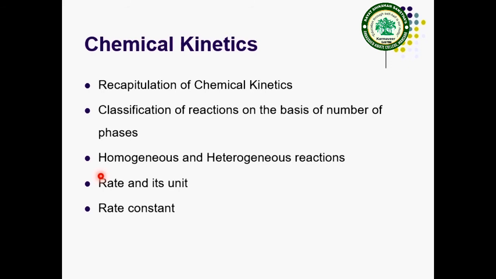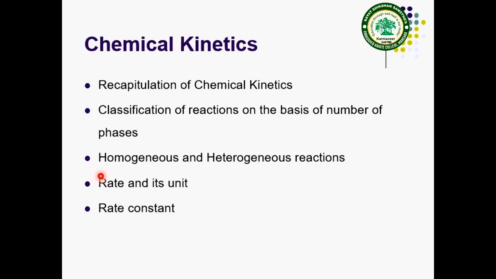Now whenever we consider this to be simplified, then one should remove this proportionality sign and introduce the proportionality constant, and you will find this is called as rate constant and always represented by small letter k.